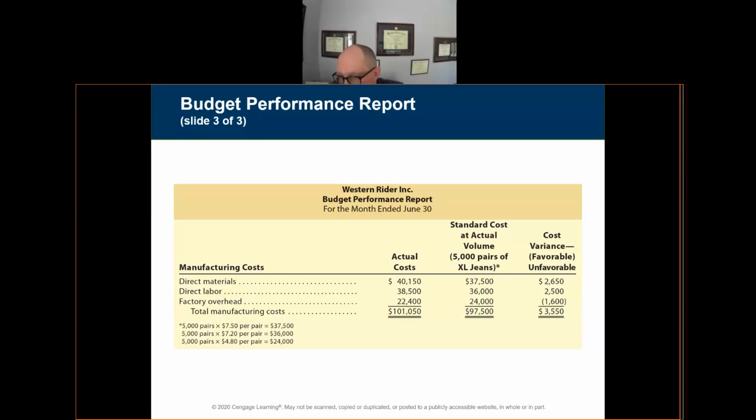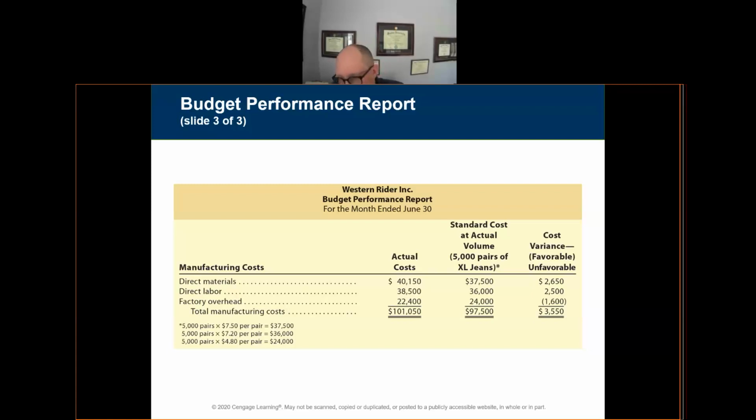Our standard cost was $36,000. That means we have an unfavorable variance for direct labor of $2,500. Our factory overhead, our actual costs were $22,400. I budgeted for $24,000, or my standard cost was $24,000. That means I have a favorable variance of $1,600.